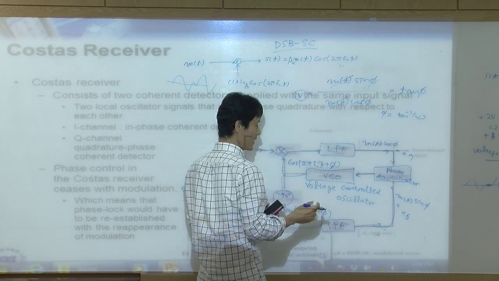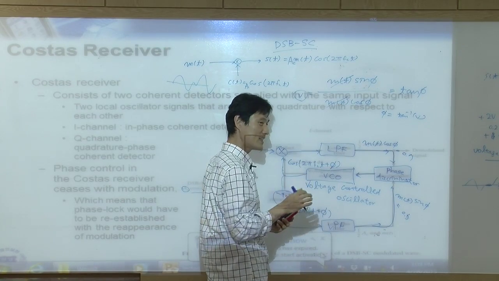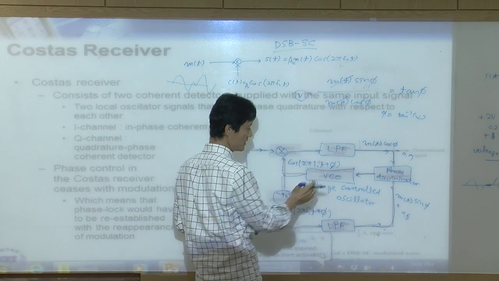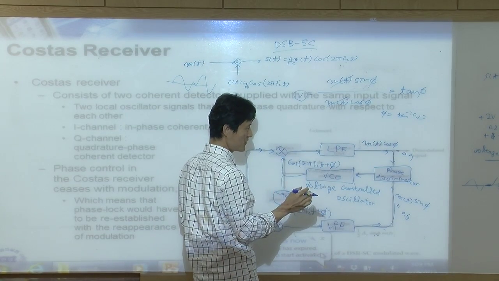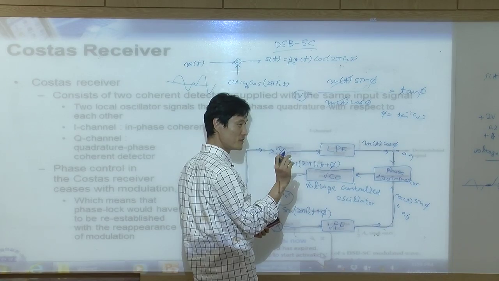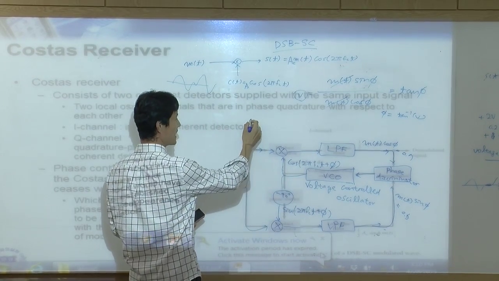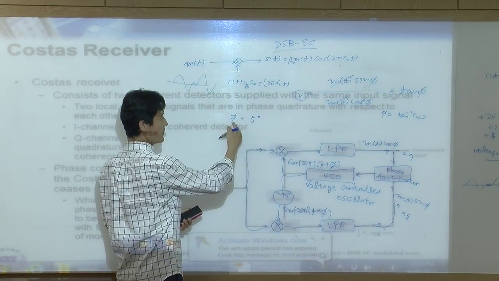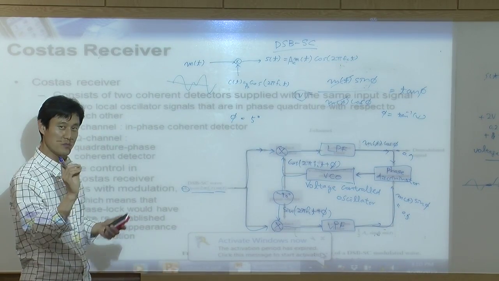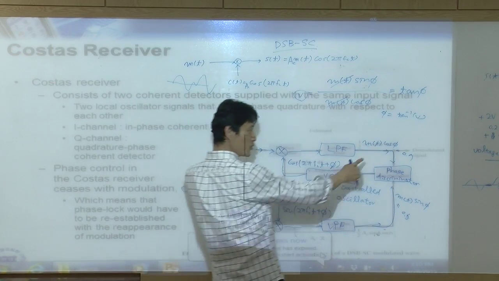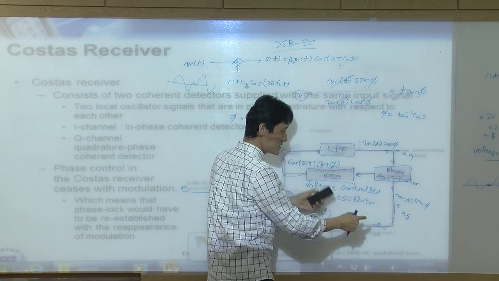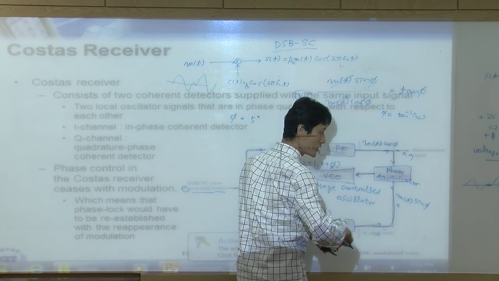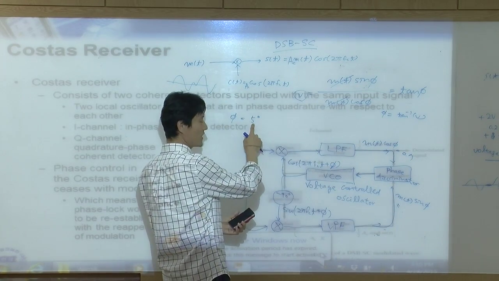Now let's think about this way. Now phi is not 0. That's what's going to happen most likely. Let's say phi is a little value, like 5 degrees, just an example. In that case, this M sine phi is going to be a very small value, because sine 5 degrees is very small.